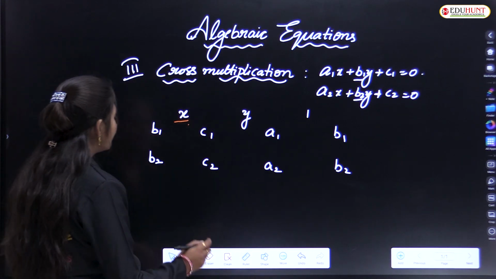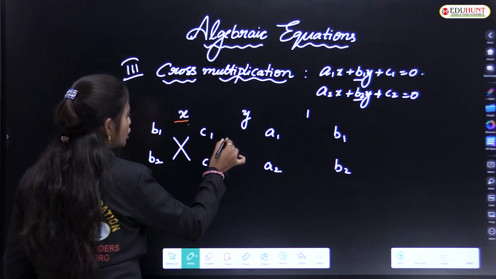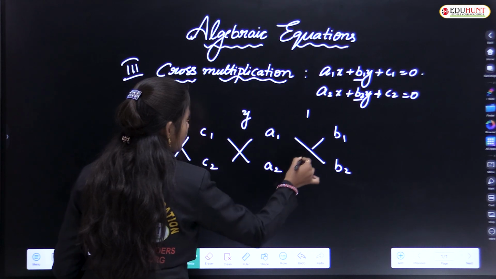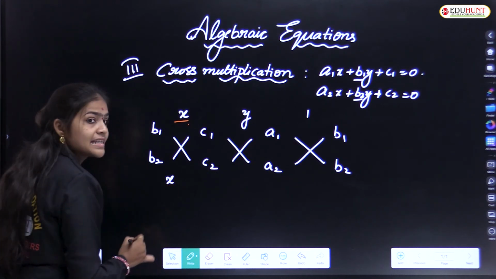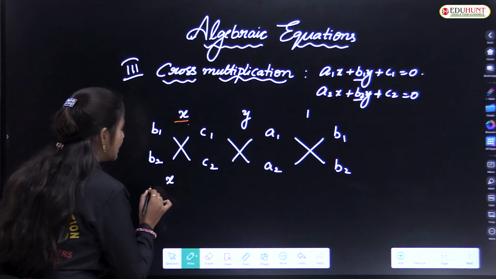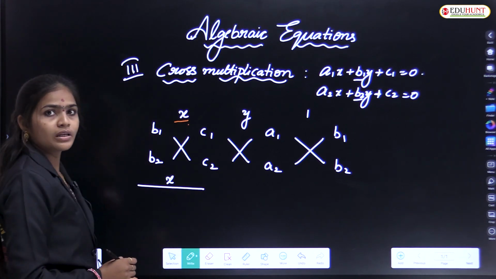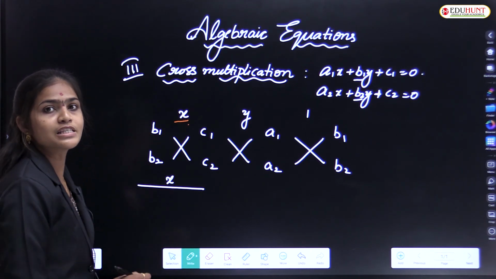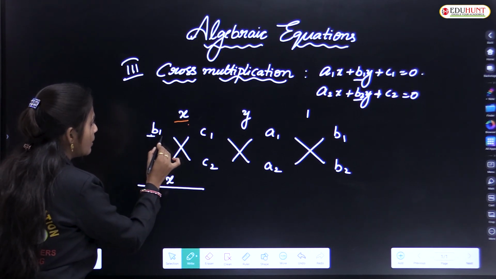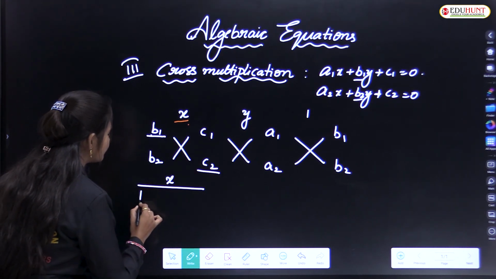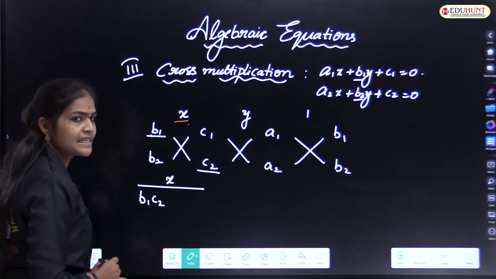Is it clear? Now here you have to take the cross multiplication. We are going to write for the x term, so we write x by cross multiplication b1 c2.